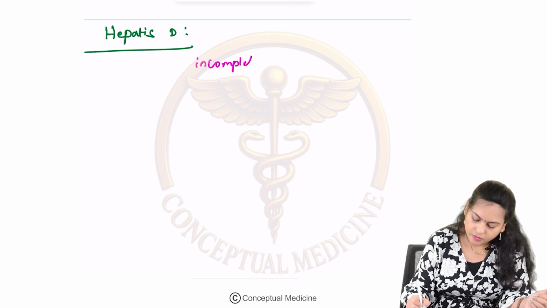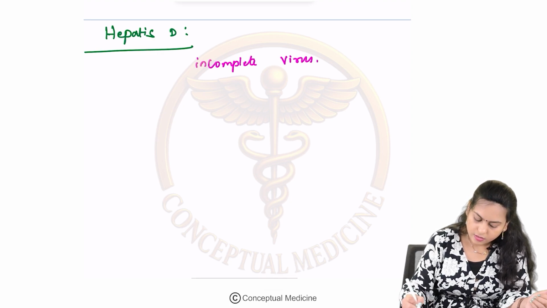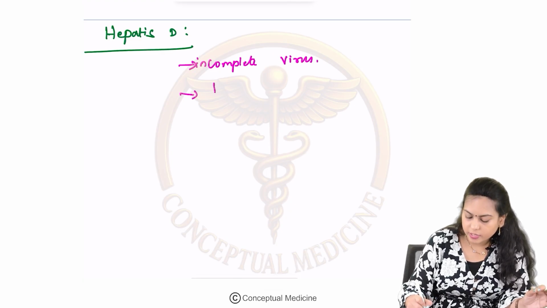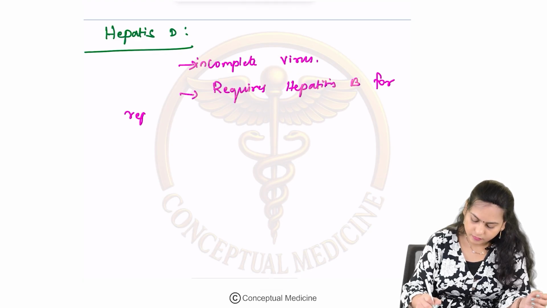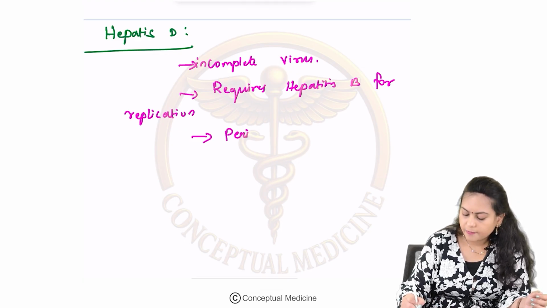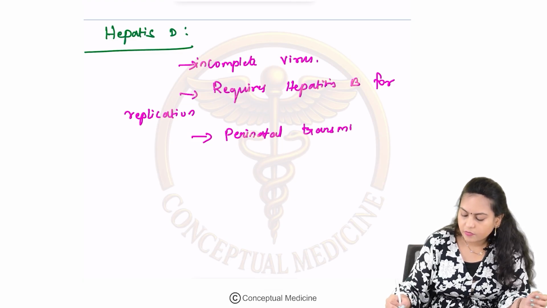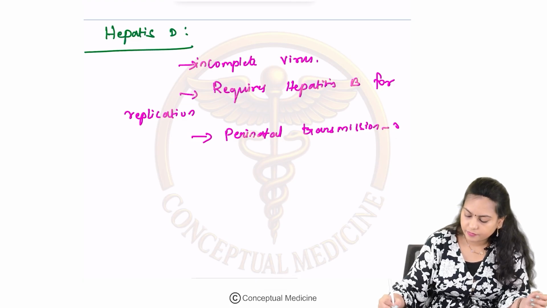Okay, and we all know it requires, yes, hepatitis B for replication. And remember, perinatal transmission of this virus is rare.